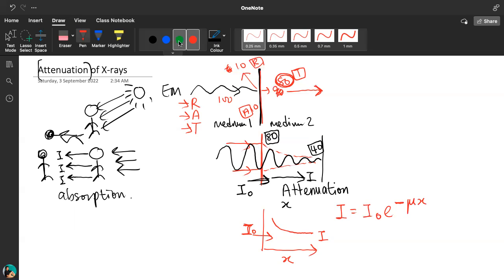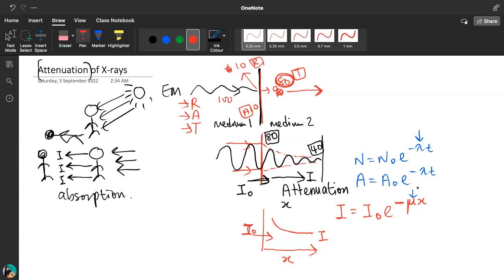Now, if you compare to your decay equation, your decay equation can be activity A equals A naught e to the minus lambda t. This is your decay equation, or the number of particles, N equals N naught e to the minus lambda t. Lambda, recalling back, is the probability of decay. Compare this one. Mu, we call it the attenuation coefficient of the medium.